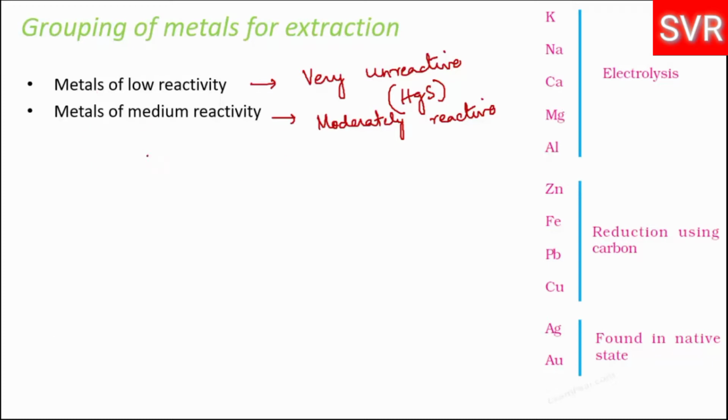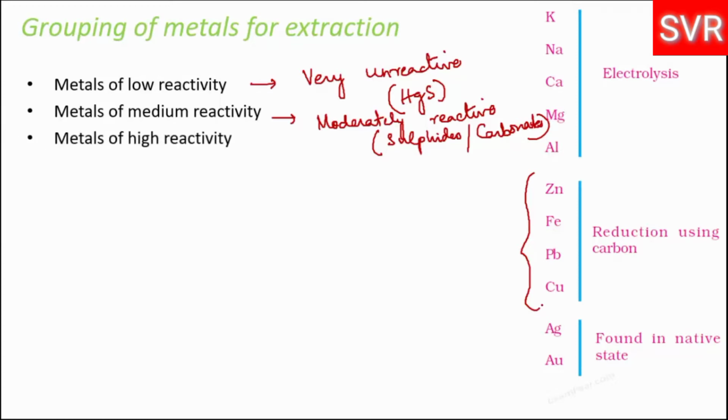Therefore, for these kind of metals, our aim is always to convert the sulfides or carbonates into oxides, because from metal oxides we can very easily get the metals. So you understood, right? These metals generally exist as sulfides or carbonates, and our aim is to convert these sulfides and carbonates into their oxides. Generally here we talk about reduction using carbon. This is the category where zinc, lead, iron, copper fall.